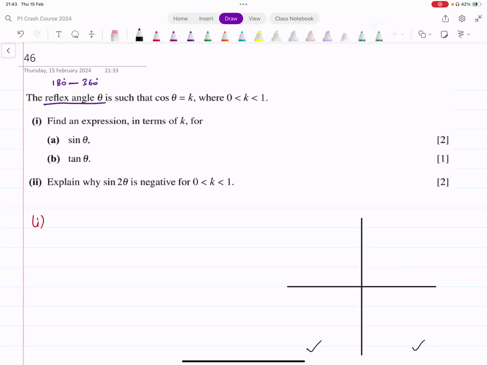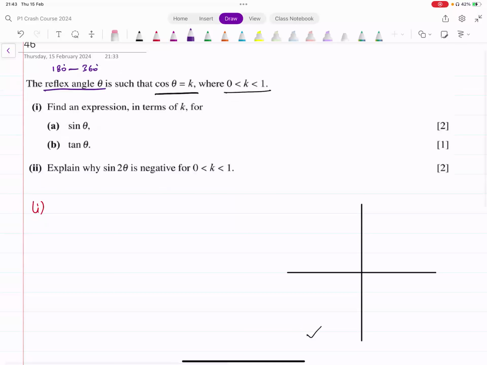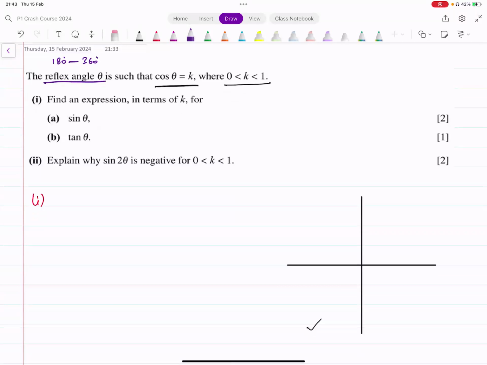Okay. Then it says the reflex angle theta is such that cos of theta is equal to k, where k is between 0 and 1. Okay, so cos theta is k, and k is between 0 and 1. That means k is positive. If k is positive, that means cos is positive. Where is cos positive? Cos is positive in the first quadrant, but we can't be in the first quadrant because we have a reflex angle.